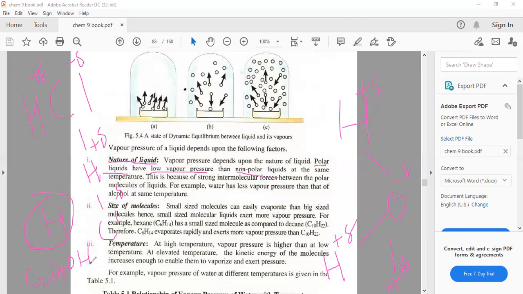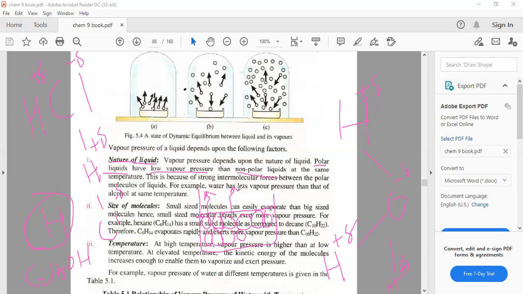So due to the non-polar nature of the liquid, those liquids have high vapor pressure because they escape the surface of the liquid easily. If the liquids are in a container, the liquid molecules do not have strong intermolecular forces with each other, so they will leave their position, leave the connection with the other molecules and start vaporizing.